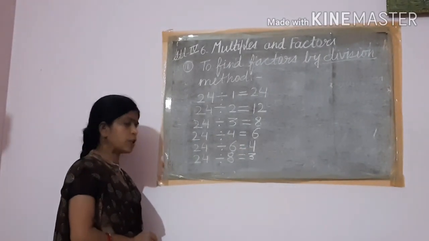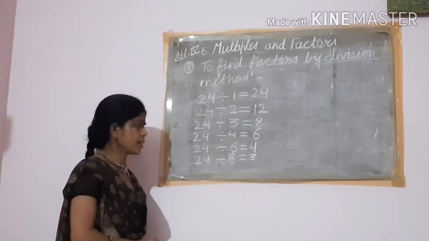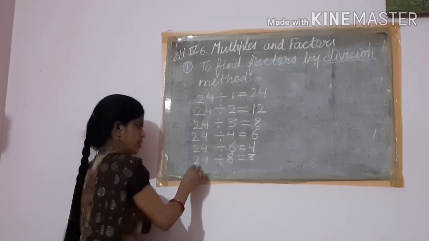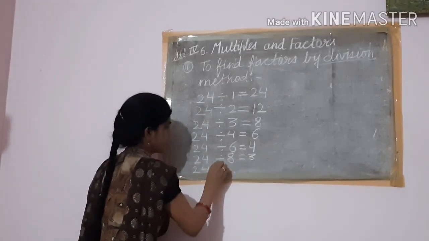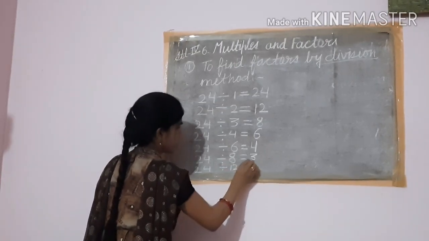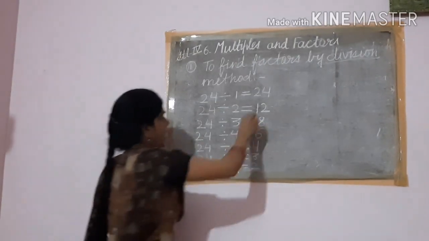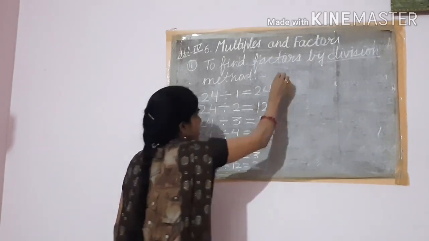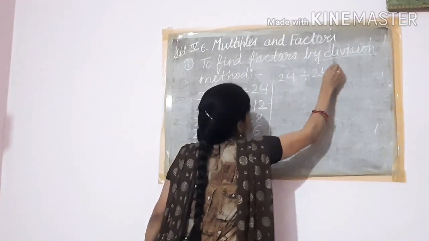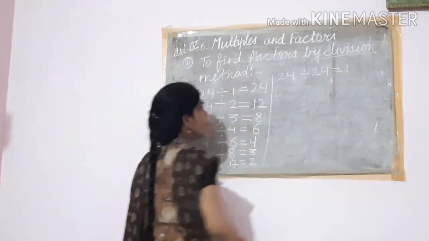No, in the 9 table also 24 is not coming. 10 also not. 11 not. 12. Yes. 24 divided by 12, the quotient is 2. And then 24 divided by 24, the quotient is 1.